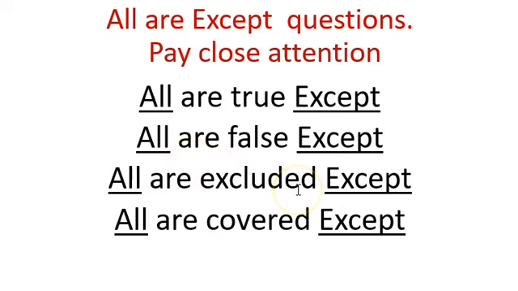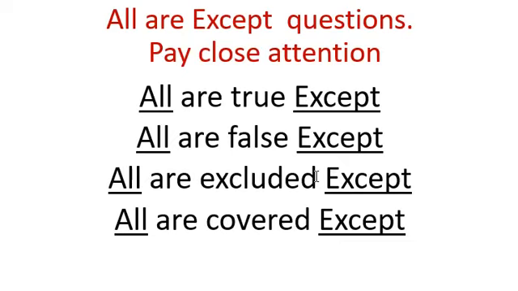All are excluded except. This one gets tricky because in a policy, sometimes something's not covered, but it might not be excluded either. So you want to make sure that you know your exclusions for policies. You got to know your liability exclusions. You got to know your homeowner's exclusions. You have to know your exclusions in order to answer this type of question correct.